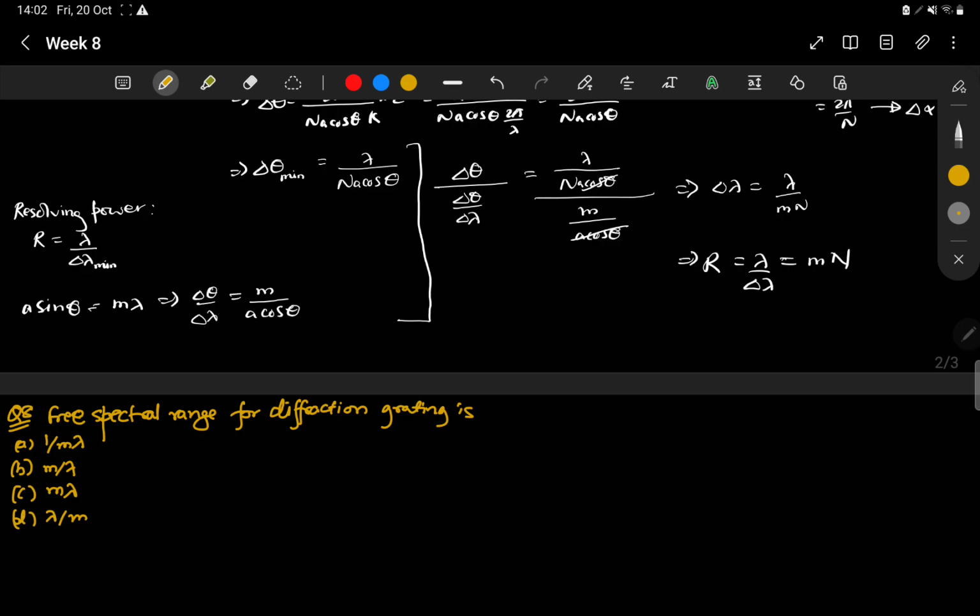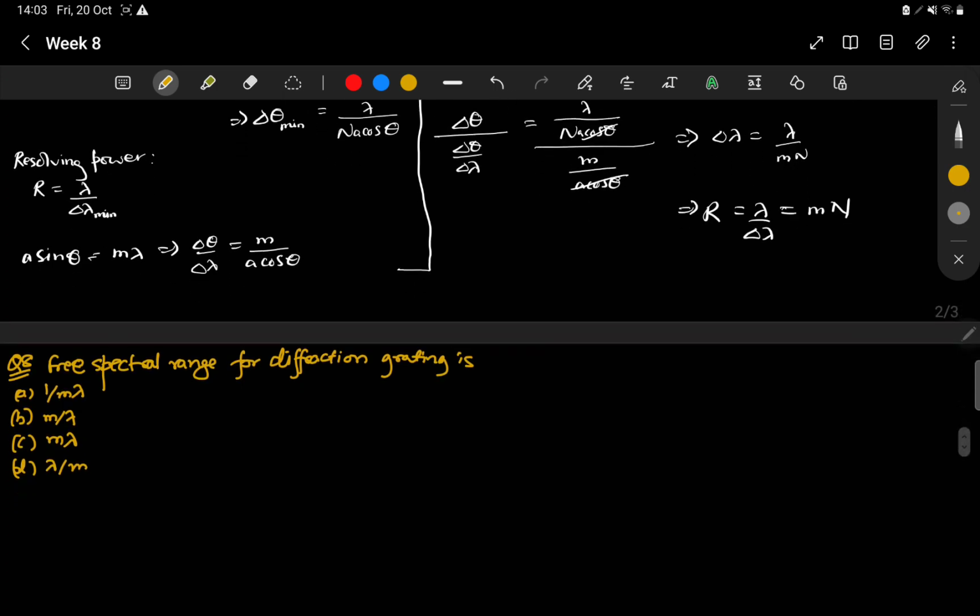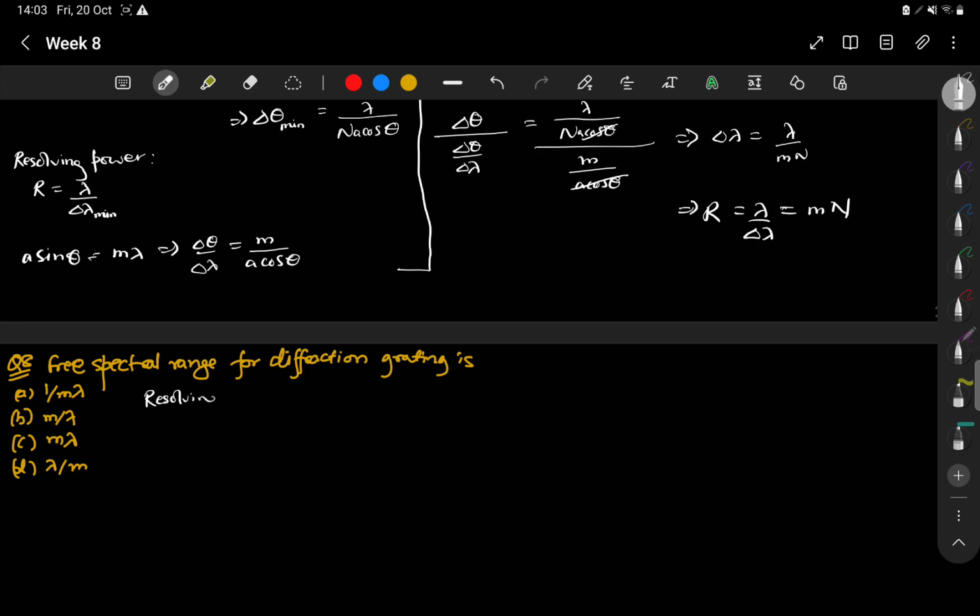Okay, so let us now discuss the answer. So resolving power, as we saw in the previous question, is given as follows. And also we saw the oblique incidence.